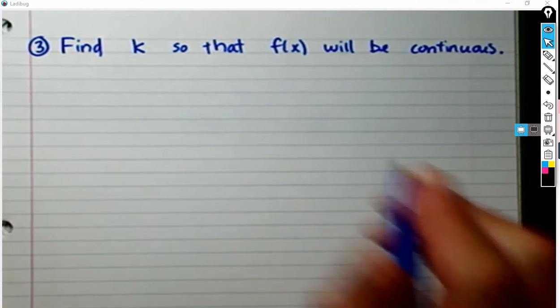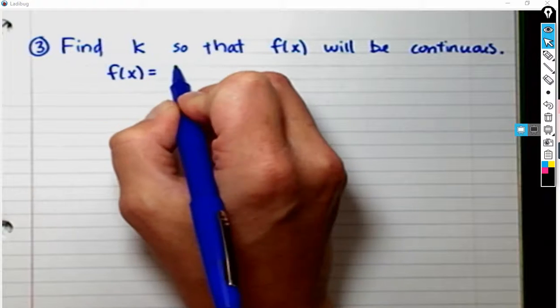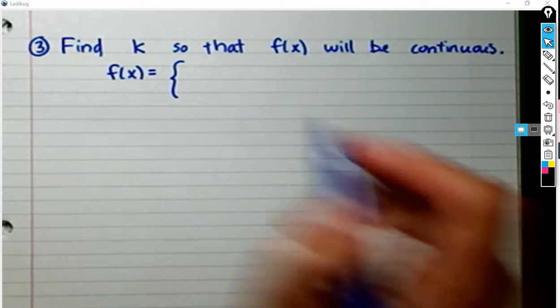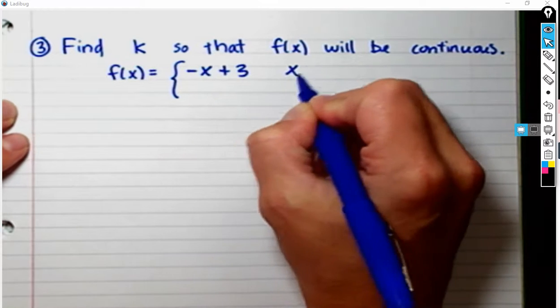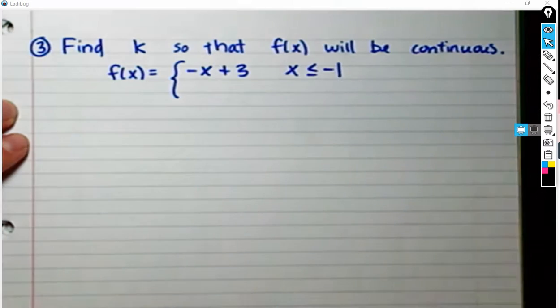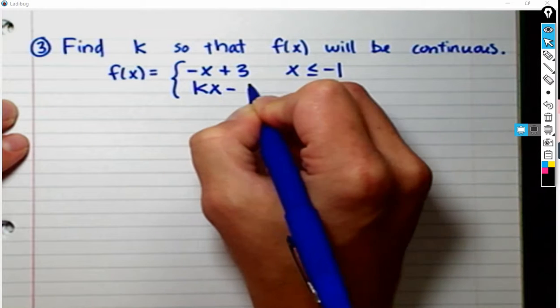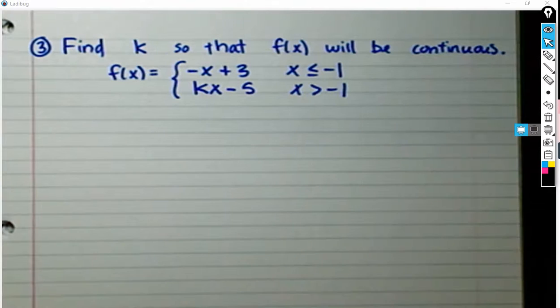So I'm telling you that f of x has to be continuous. So I'm going to give you a piecewise. Usually continuity deals with piecewise because you've got more than one piece and you're trying to see if they match. All right, negative x plus 3 we'll do for x less than or equal to negative 1. And then we'll do kx minus 5 for x more than negative 1.